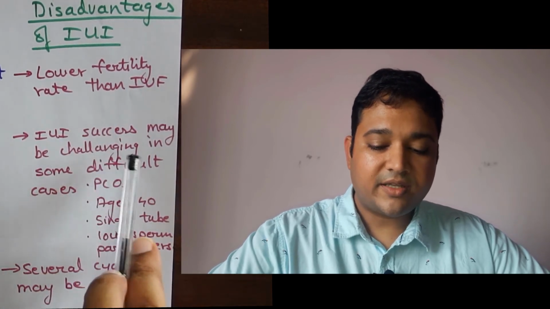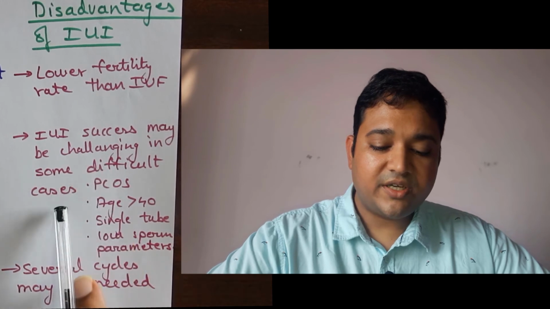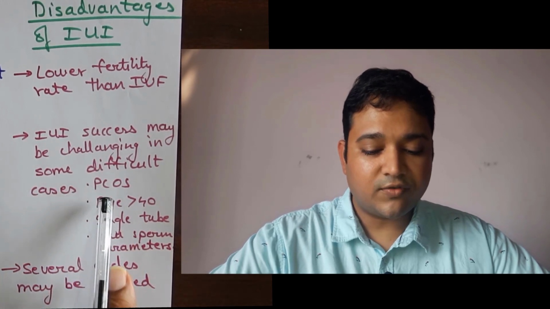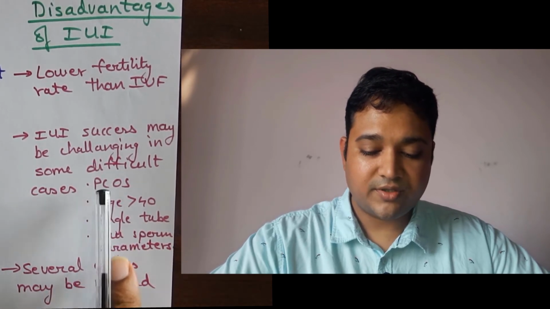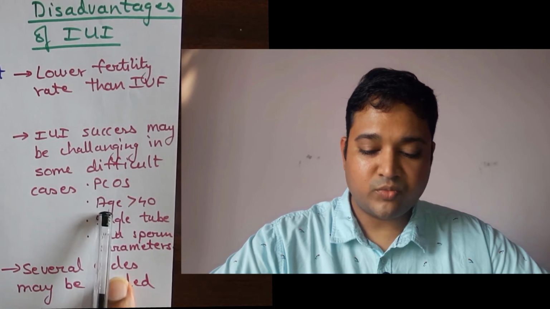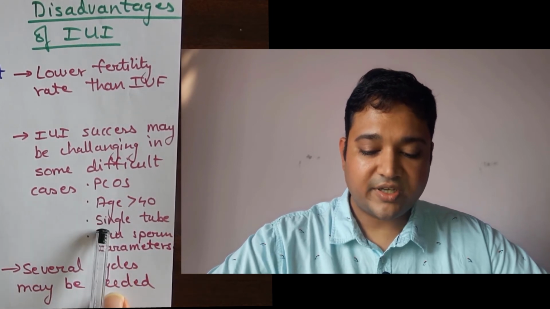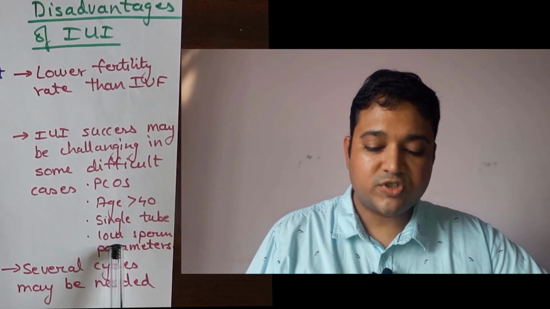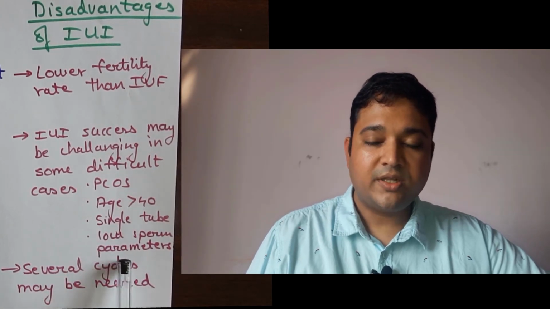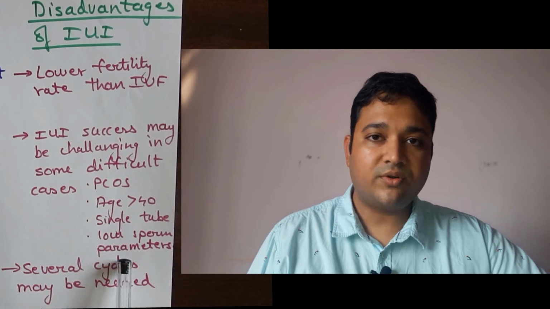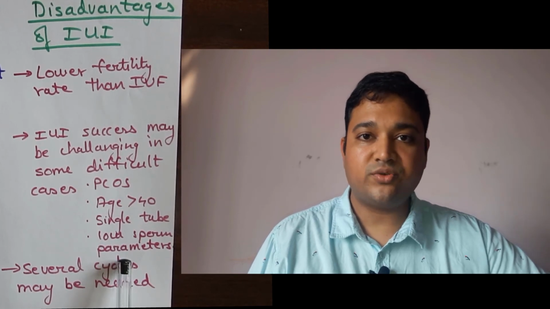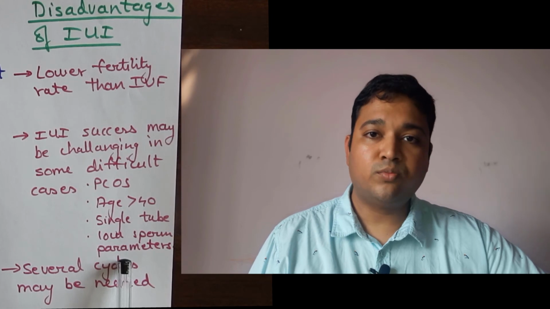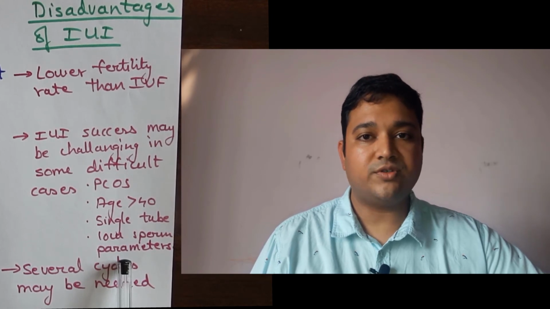IUI success rates may be challenging in difficult cases like that of resistant polycystic ovaries, when the age of the woman is more than 40 years, if she has a single functional fallopian tube, or there is low sperm parameter in the husband, like extremely low sperm count, less than 20 million as I had shown in the previous slides, low motility and poor morphology.